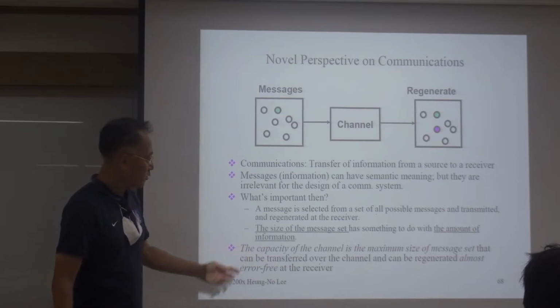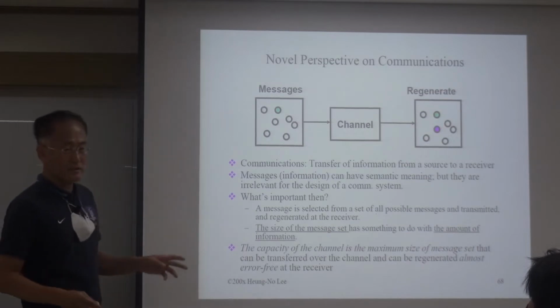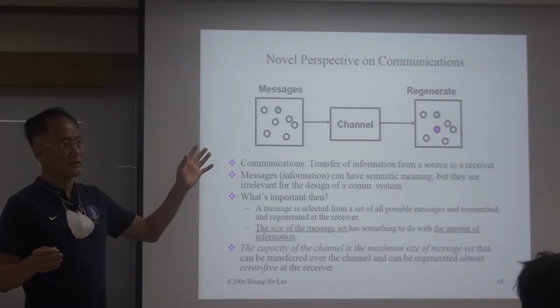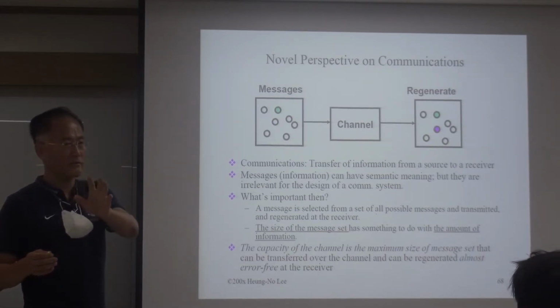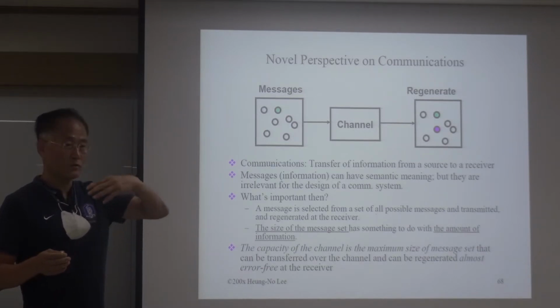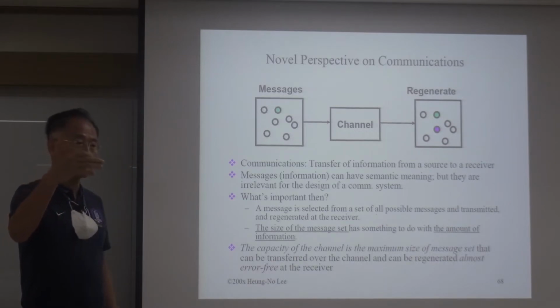And that notion is called the capacity. So the capacity of the channel, where channel means noisy channel. If you send a message from the transmitter and it arrives at the receiver, because of the channel errors introduced during the transmission, the received signal will have some noise in it, right?